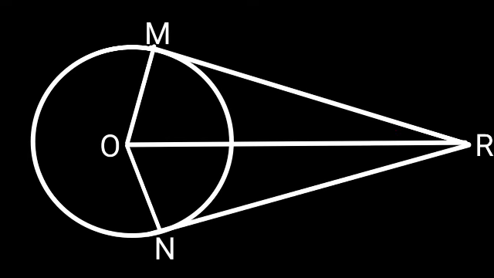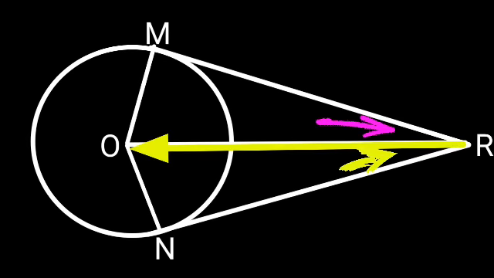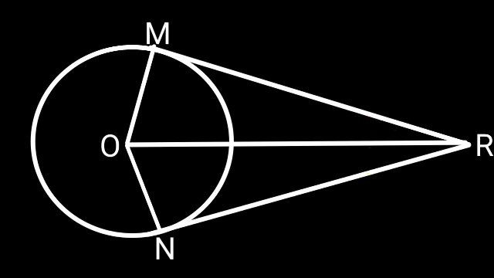Hence, angle MRN is twice angle ORM. Hence, segment OR is a bisector of angle MRN.